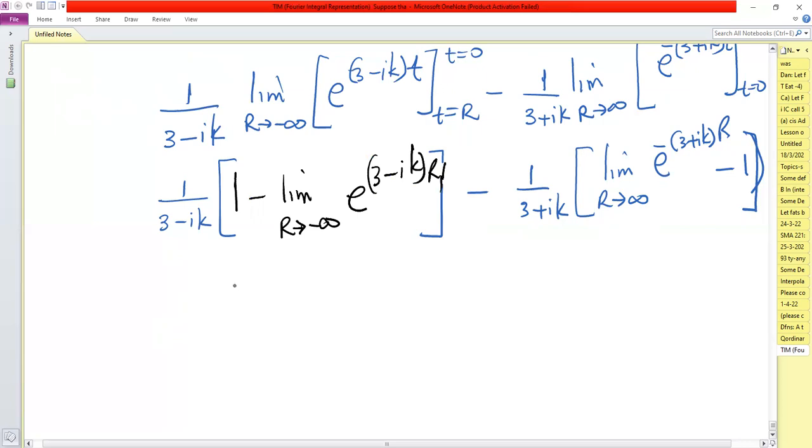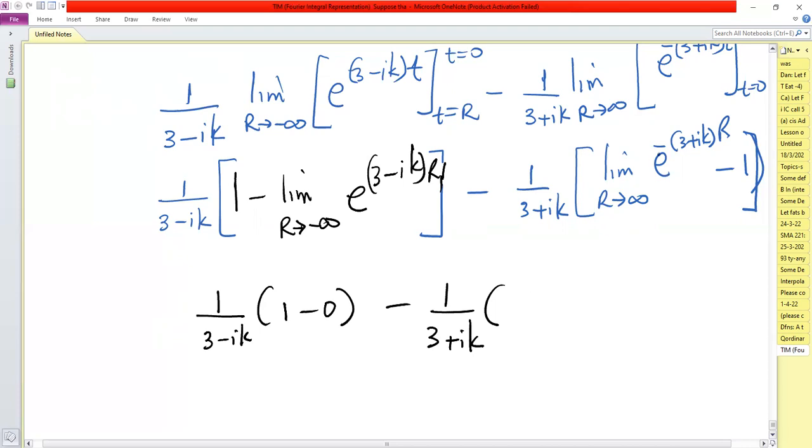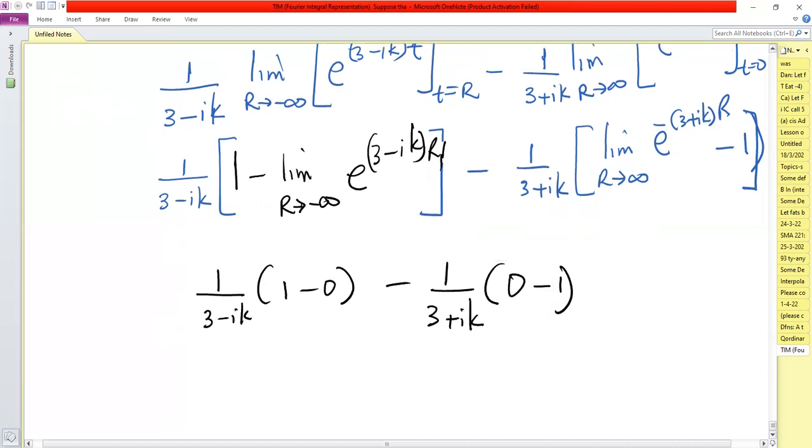This limit will be 0. So we have 1 over 3 minus ik into 1 minus 0, minus 1 over 3 plus ik into, so this limit will be 0 minus 1.